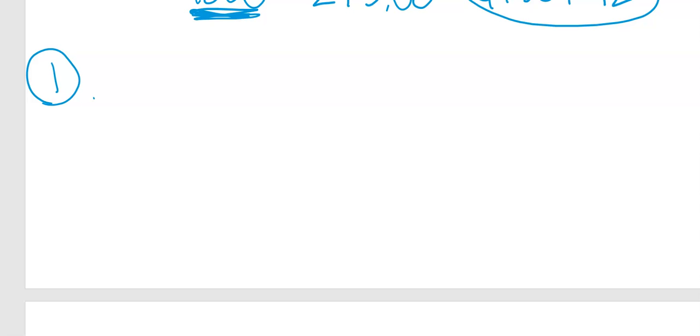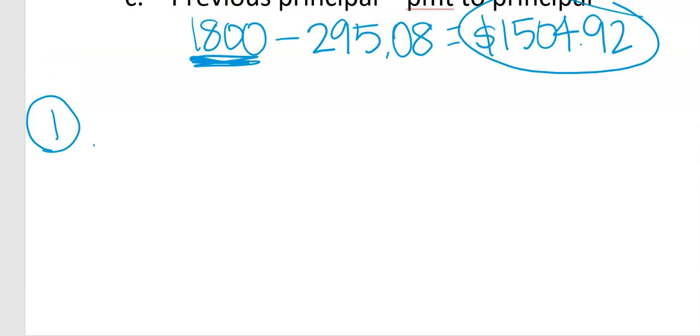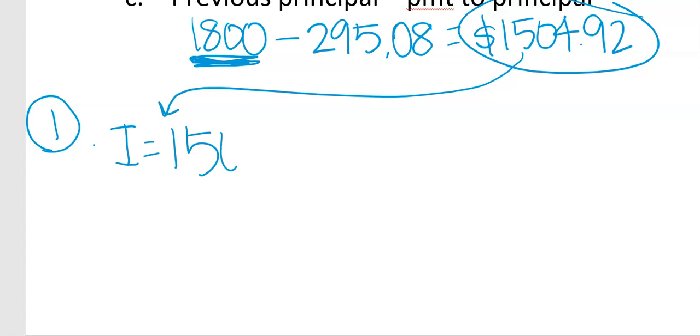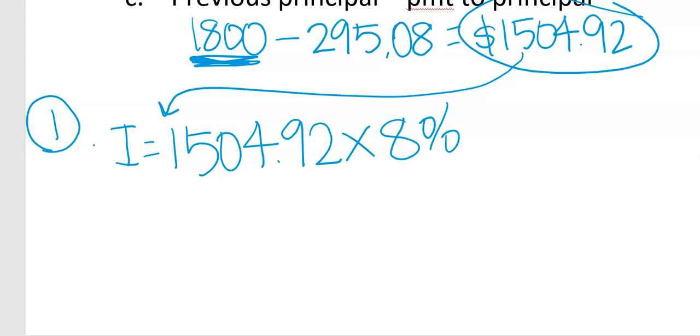For number 1, on page 317, they're looking for the interest for the second payment. Our new starting amount is $1,504.92. The interest rate is the same, 8%, and 1 month out of 12. We multiply that out and get $10.03.